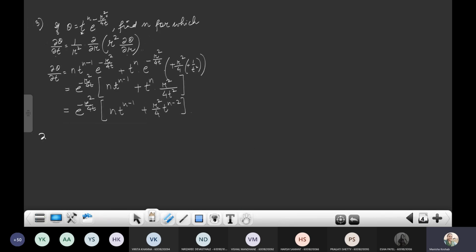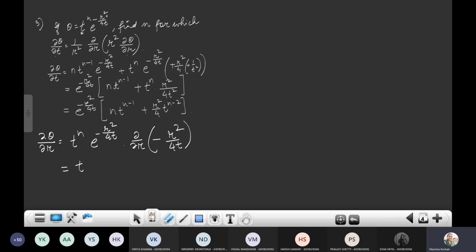Now we will find first del theta del r. Okay, so for the right hand side, for del theta del r, t is constant, so t power n will be as it is. T power minus r square by 4t into differentiation of, so we can write del r of minus r square by 4.